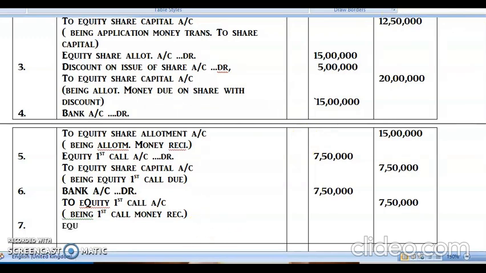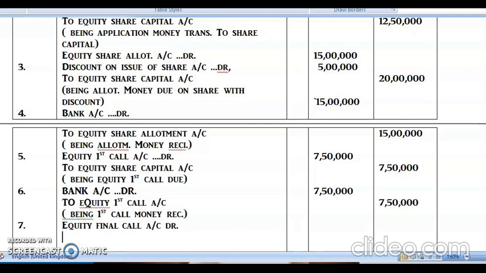So you have to pass the journal entry: equity final call account debit to equity share capital account.